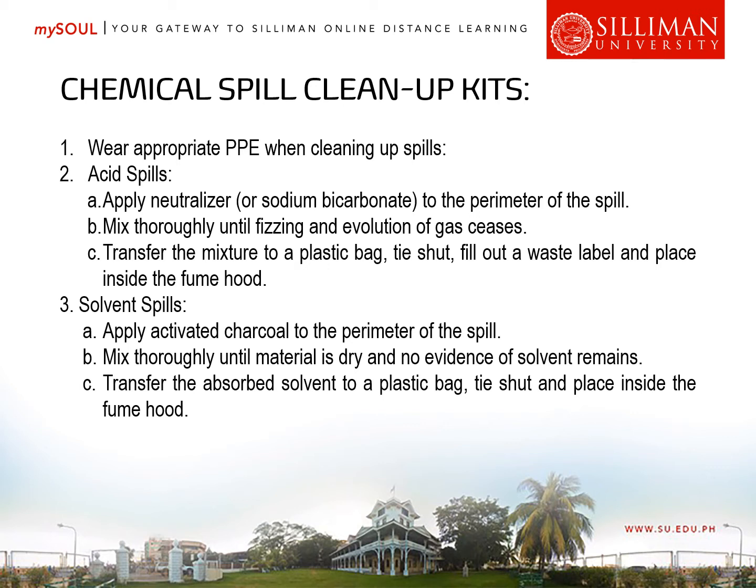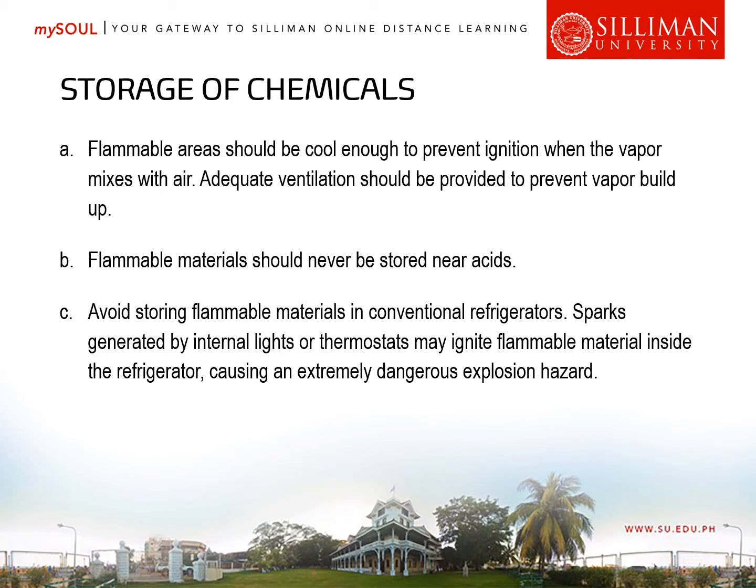So again, there's a difference between cleaning up acid spills and solvent spills, because for your acid spills, you need to make use of a neutralizer in the form of sodium bicarbonate, and for your solvent spills, you need to apply activated charcoal. For storage of chemicals, these are the following steps that we need to remember.